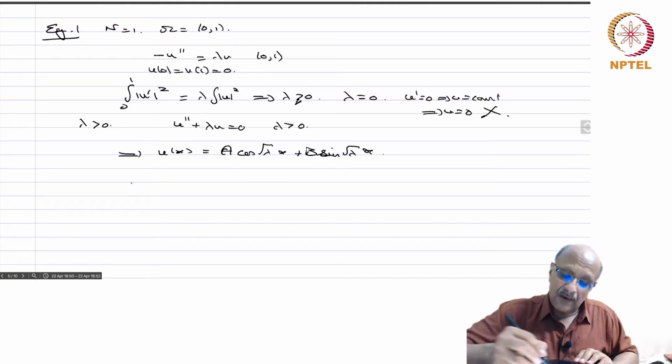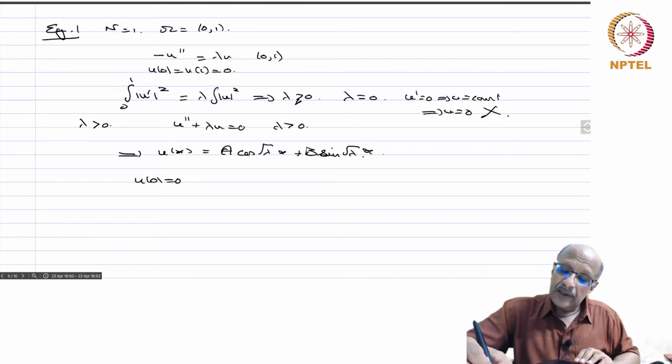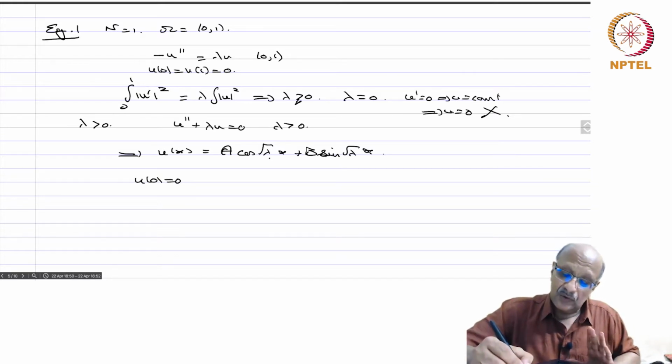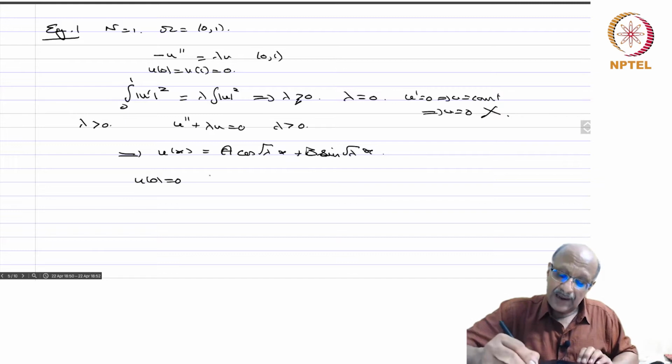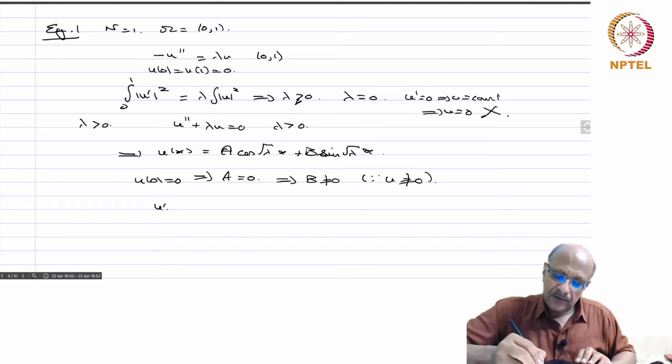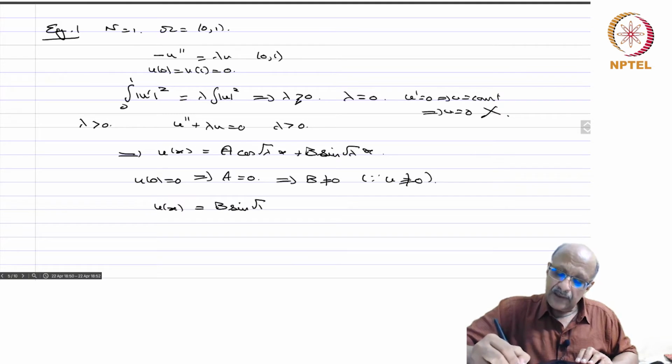Now u of 0 equals 0, so if you put x equal to 0, the sine term disappears, cos 0 is 1, and therefore a equals 0. Then b cannot be 0 since u is not identically 0. So, u of x equals b sine root lambda x.